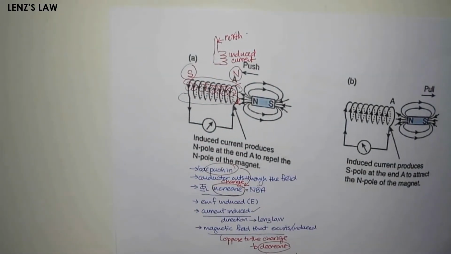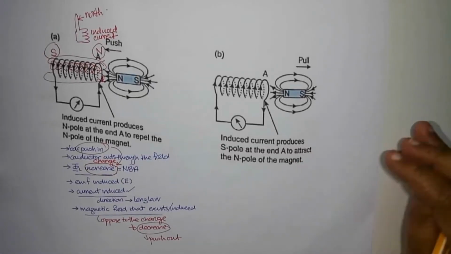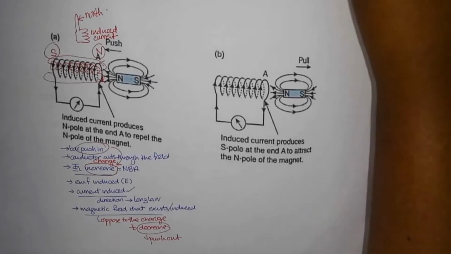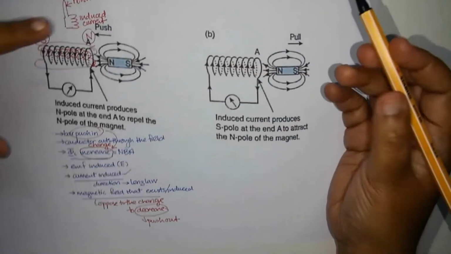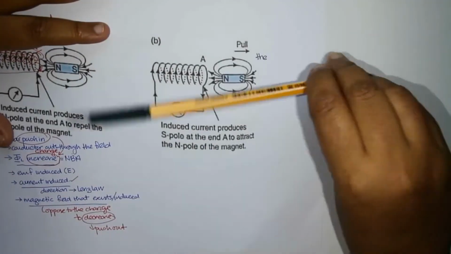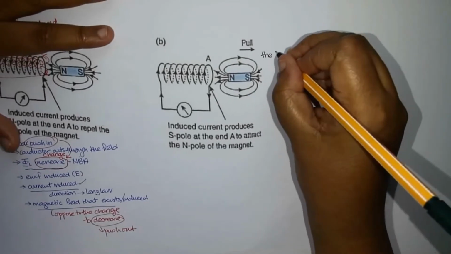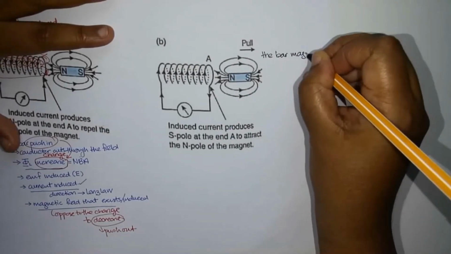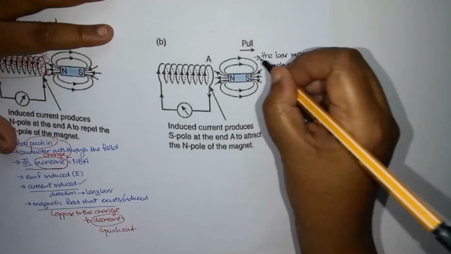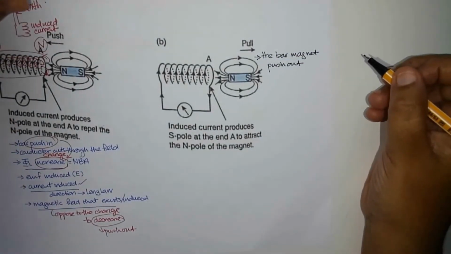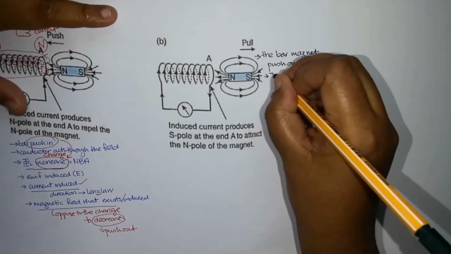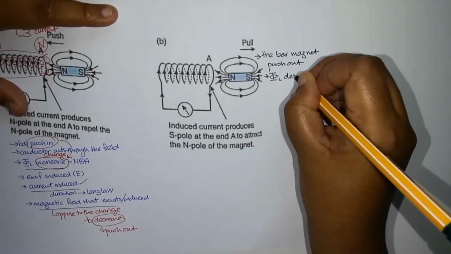Okay, same manner, if you look at this example, what happens? Now, the bar magnet is pulled out. The bar magnet is like this, you pull it out. When the bar magnet is pushed out, what will happen is the magnetic flux linkage will decrease.